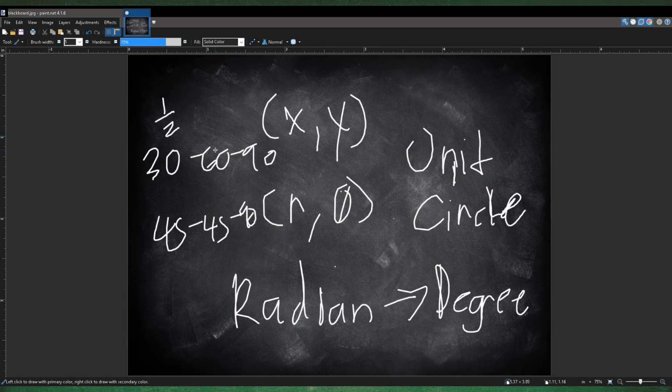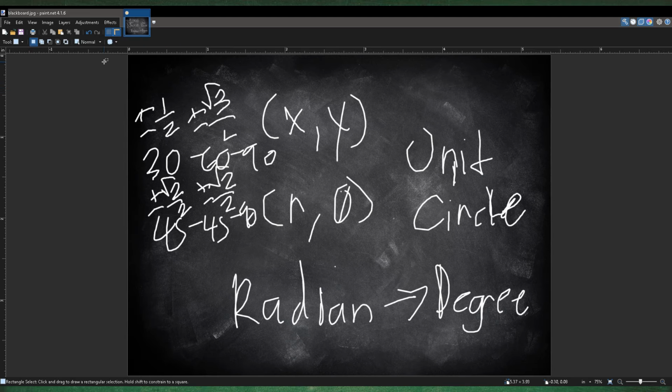The opposite side of 60 degrees is always square root 3 over 2. And then, depending on which quadrant it is, it's gonna be positive or negative. And then the 45 degree is just square root 2 over 2, square root 2 over 2, because they're the same angle. So you just have to memorize those coordinates, because you're going to be using that a lot.